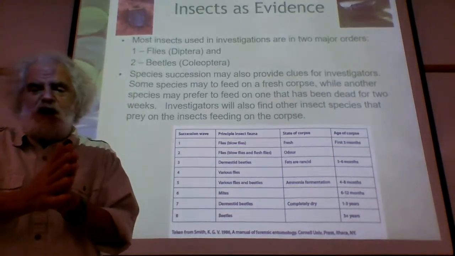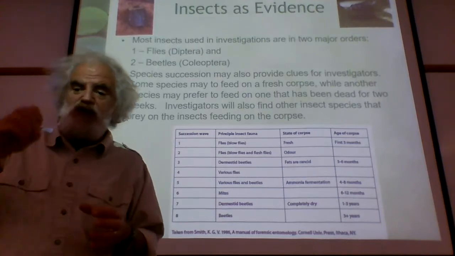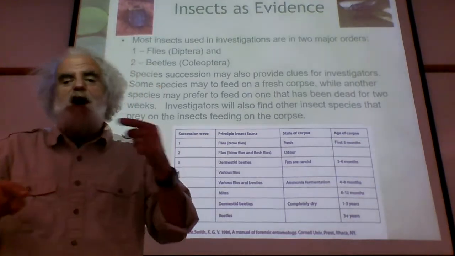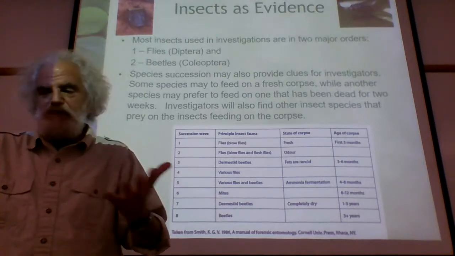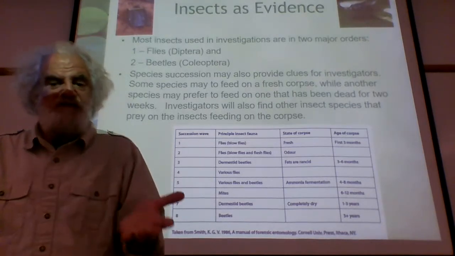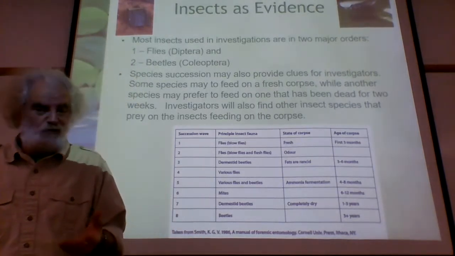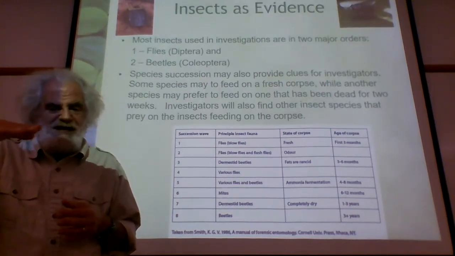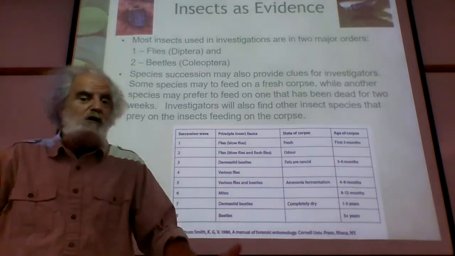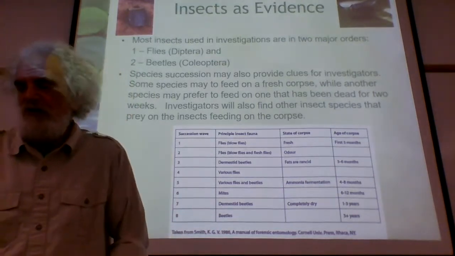That is, some species of insect are going to start very early, and others wait until the material has been dead for several weeks, starts to actually begin to rot. And you can find a range of insects on this based on how long the body has been exposed.